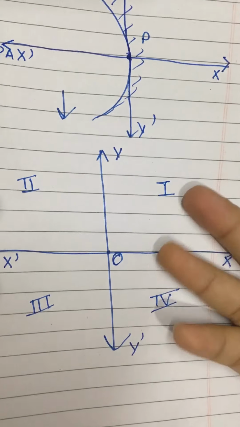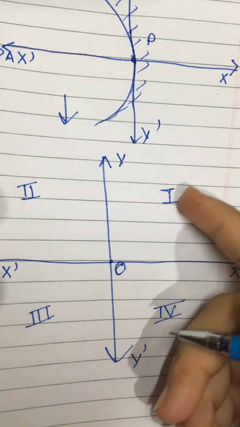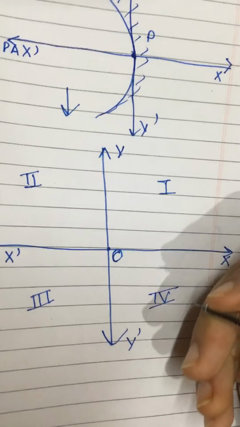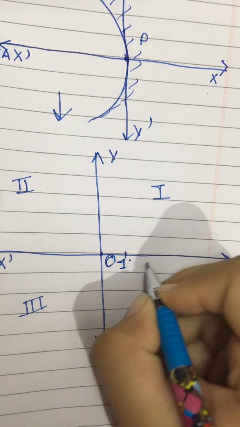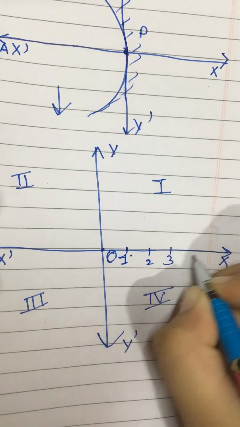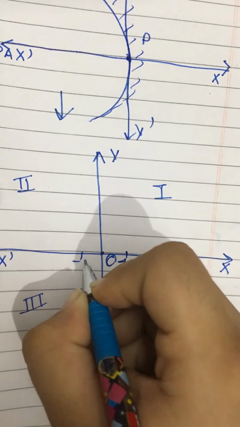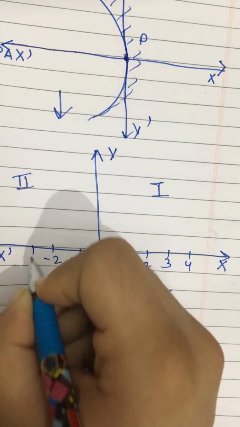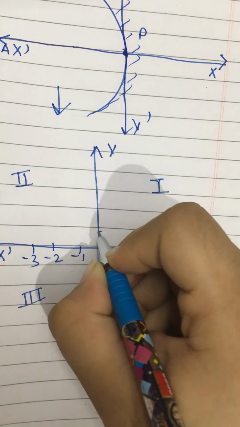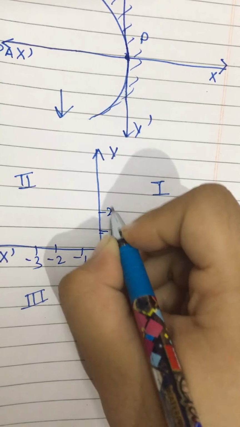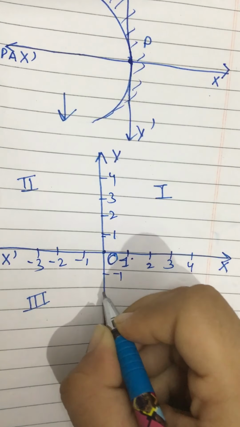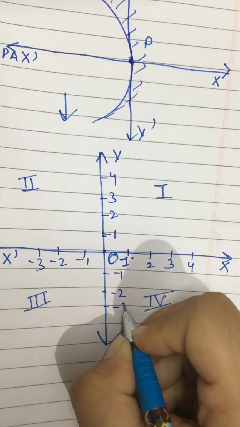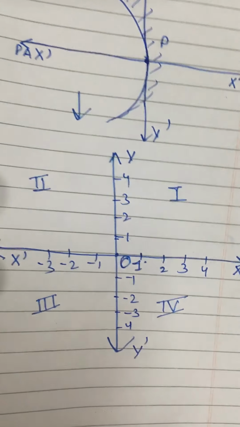I think you all must know this, it is very common. We have studied this in class 9th also. 1, 2, 3, 4, minus 1, minus 2, minus 3, and minus 4.